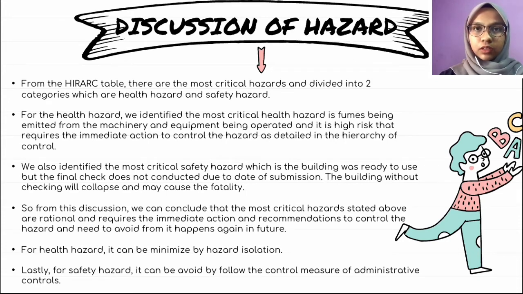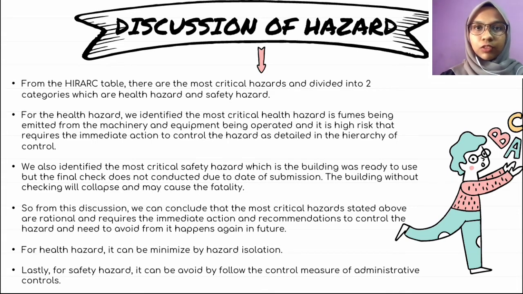From the HIRAC table, the most critical hazards are divided into two categories, which are health hazard and safety hazard. For the health hazard, we identified the most critical one is fumes being emitted from the machinery and equipment being operated, and it is high risk that requires immediate action to control the hazard as detailed in the hierarchy of control.